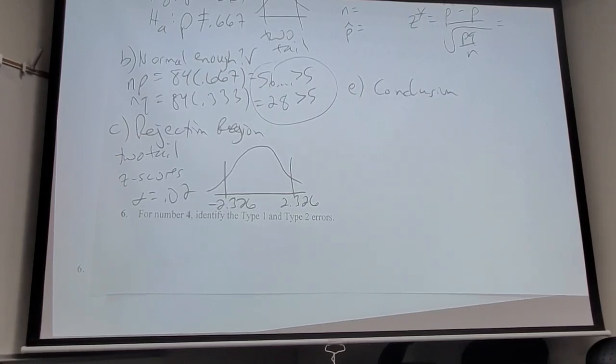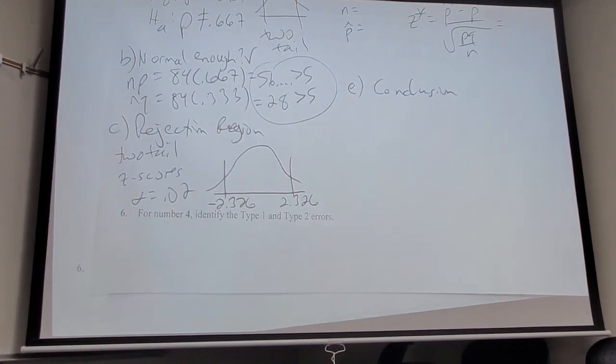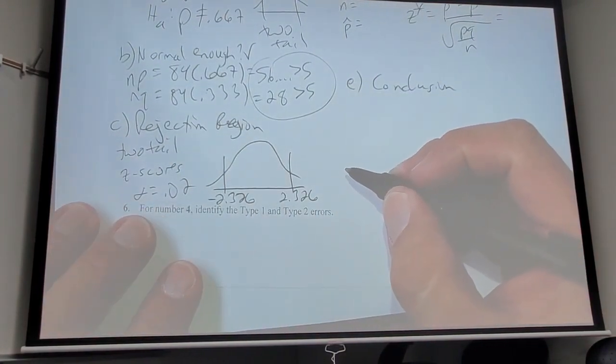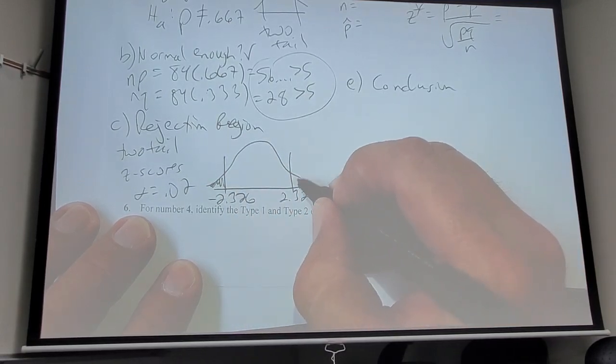So, can you shade in the rejection region? It's a little bit of a misleading question, because how many rejection regions are there on this picture? Two, yeah, there's one on that side, one over there. And then I just want you to say it in words.